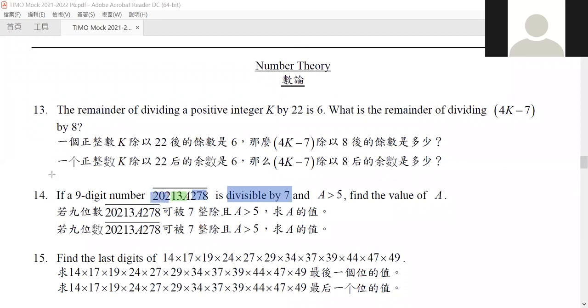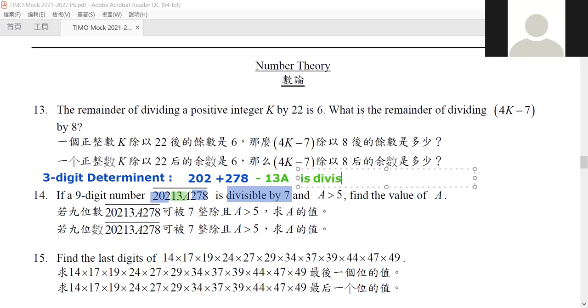So what's the meaning of the three-digit determinant? It says the following. If this 9-digit number is divisible by 7, then if we add all the numbers in blue and subtract all the numbers in green, we will get a number that is also divisible by 7.